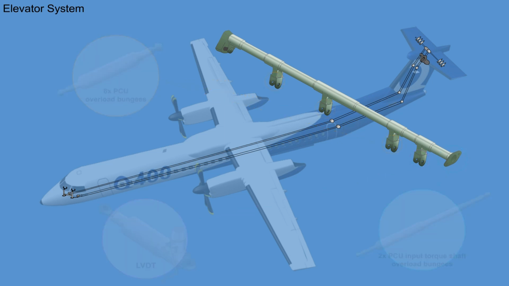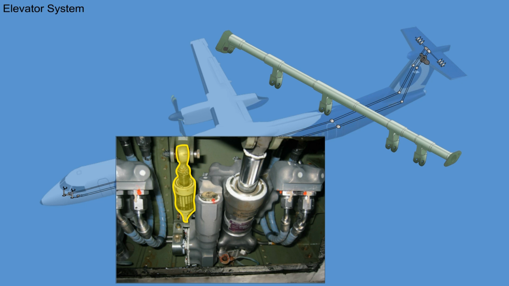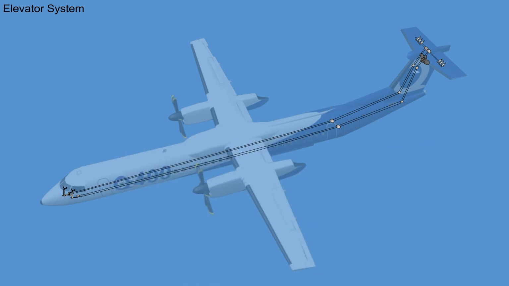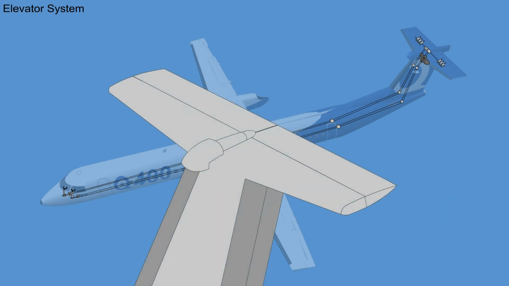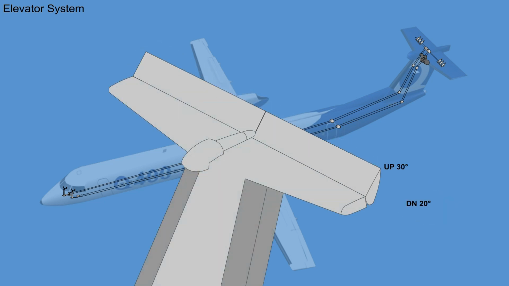The torque tubes then transfer the pitch control movement through the PCU input bungees to the elevator PCUs, which are attached to the elevator control surfaces. Extension or retraction of the PCUs moves the elevator surfaces according to the pitch commands from the pilot or the autopilot.